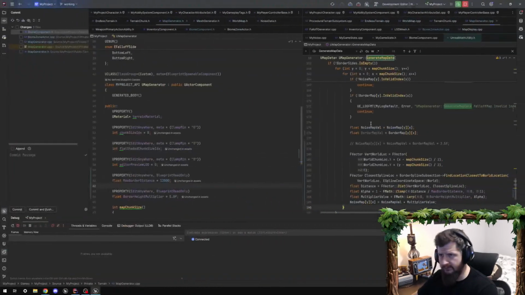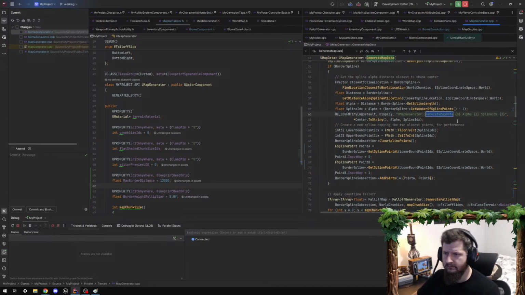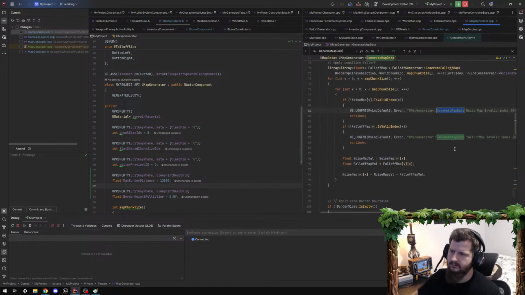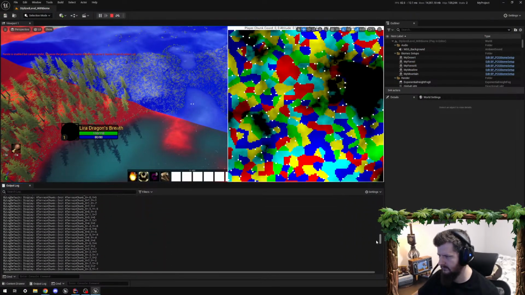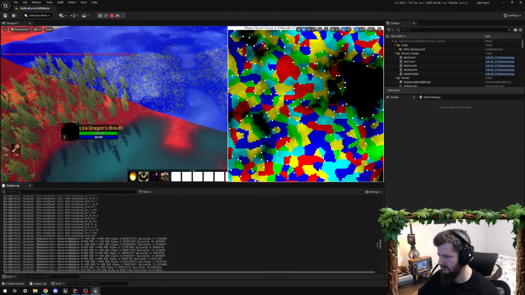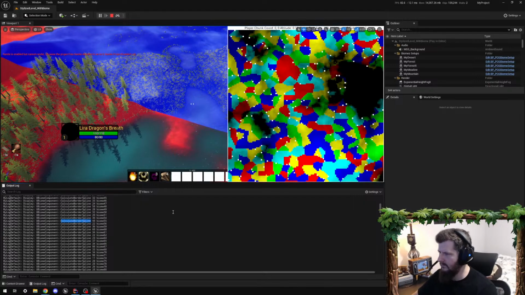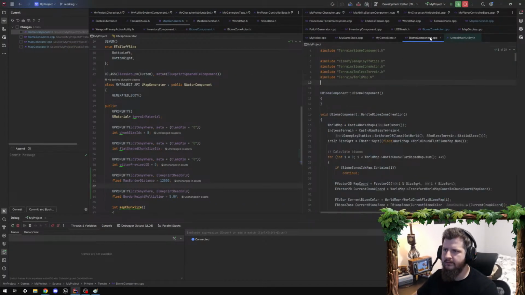Generate map data, UMap generator. Can get rid of that. Don't need that anymore. Okay, so I guess that's just that. That's fine. Yeah, we don't need to log much in that either.